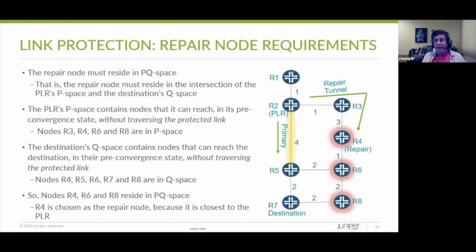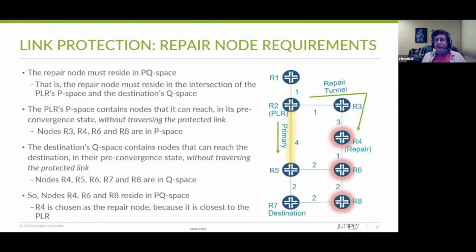You'll notice that it can't reach R5. R5 is not in R2's P space, and the reason why is R2's least cost path to R5 is through R2, R5, and that's the protected link. So it's just not there. Now, the next thing we have to understand is the destination's Q space. What's that?